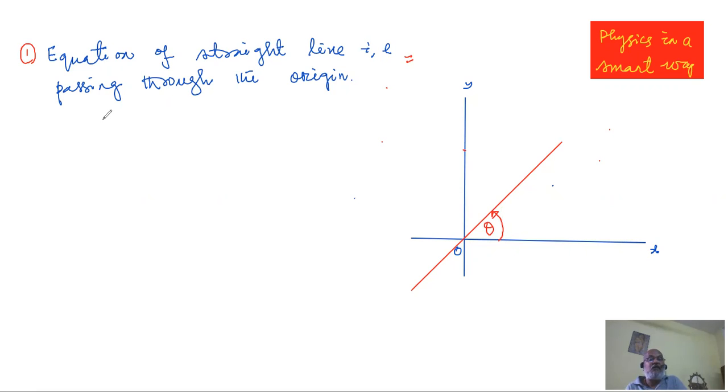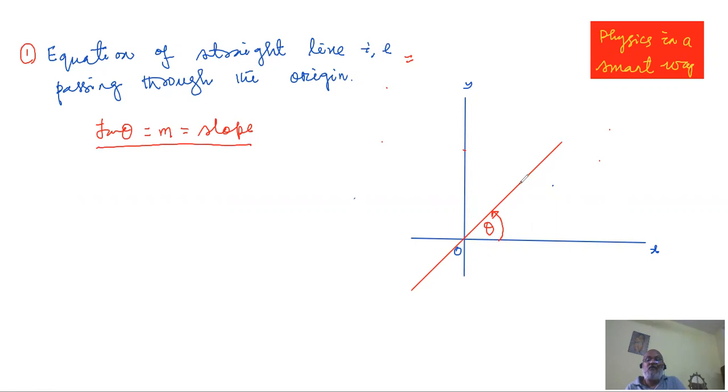And tan of this angle is written by a very small letter m, and that is known as the slope of the line. You have to keep this permanently in mind.